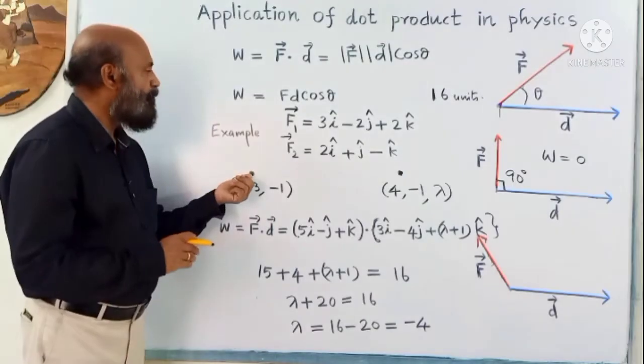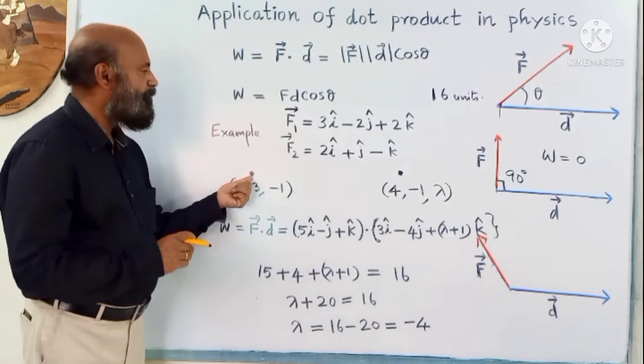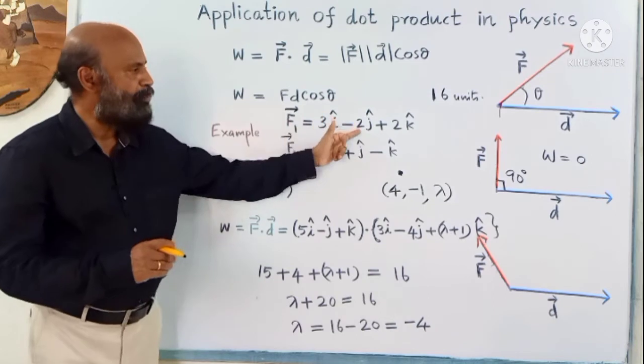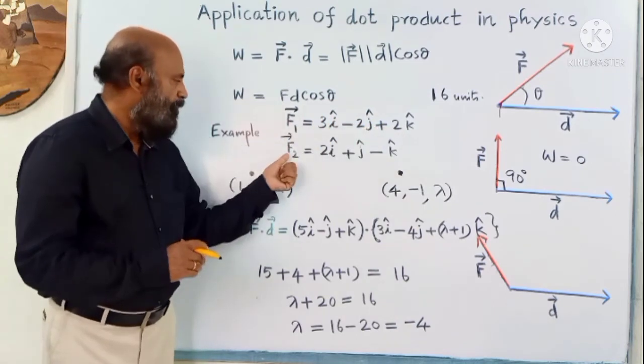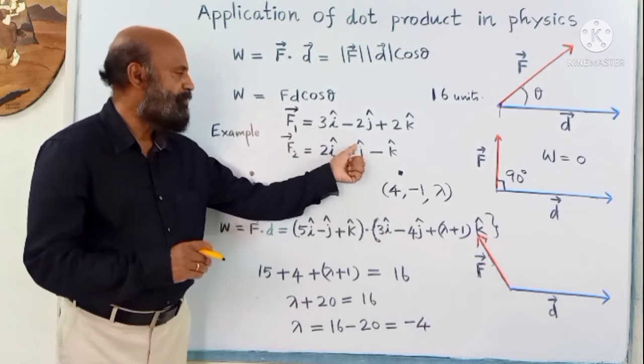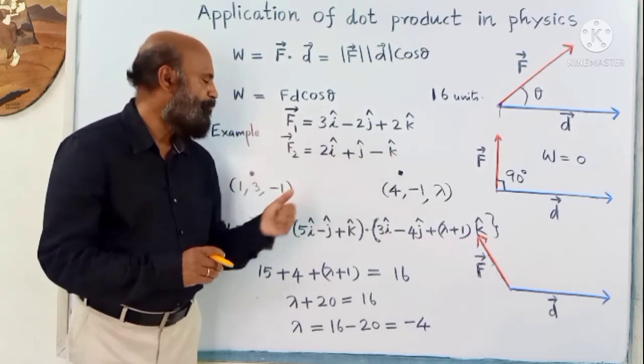One more example. A particle is acted upon by two forces. F1 vector 3i minus 2j plus 2k. F2 vector is equal to 2i plus j cap minus k cap.